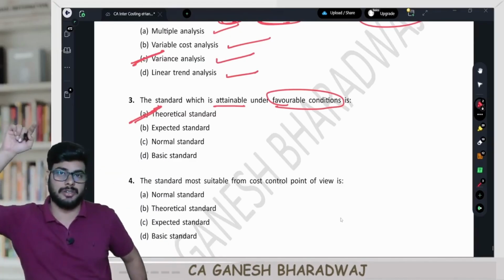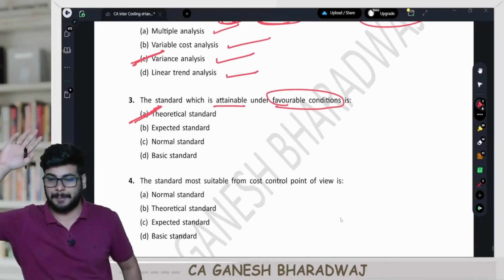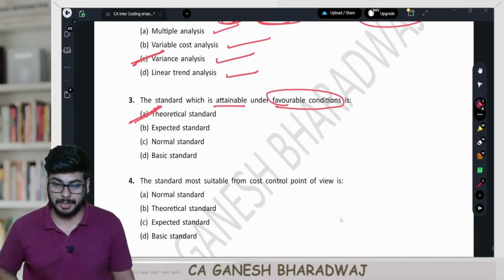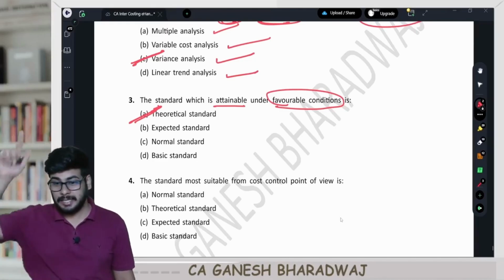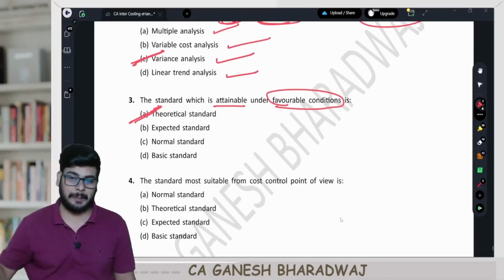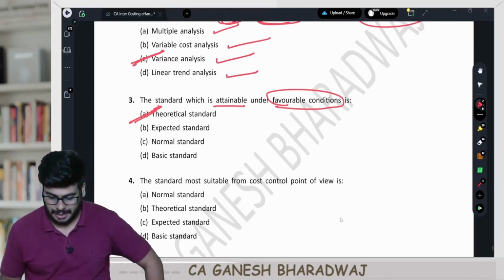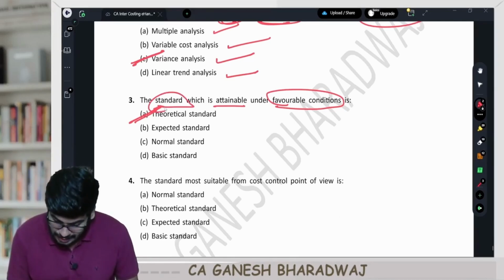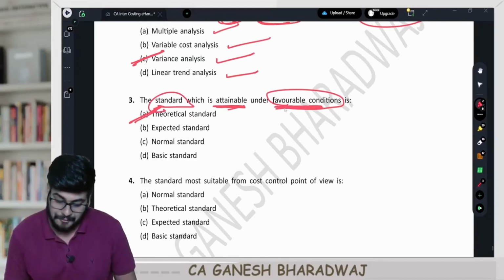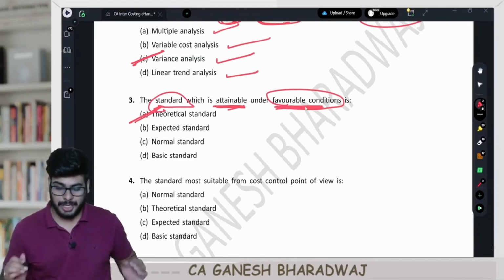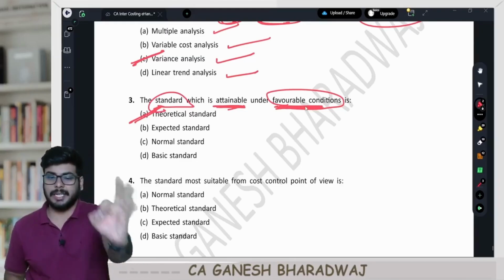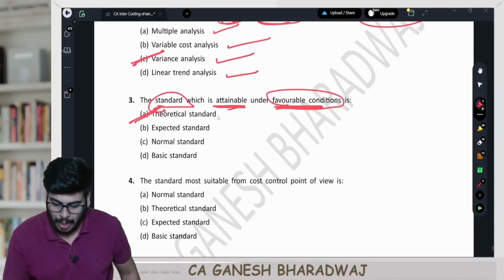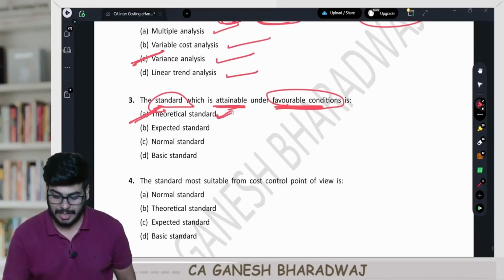Recall our discussion that we did in our overheads chapter. There I told you capacities are of different types: normal capacity, theoretical capacity, actual capacity, and all these things. So basically what they are saying is, the standard which is attainable under favorable conditions is what I can theoretically achieve for the actual output; that is called theoretical standard.